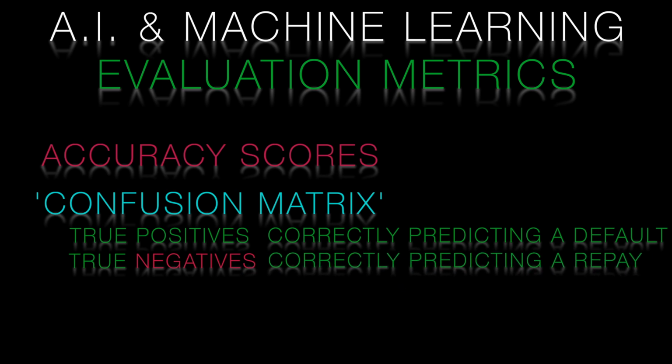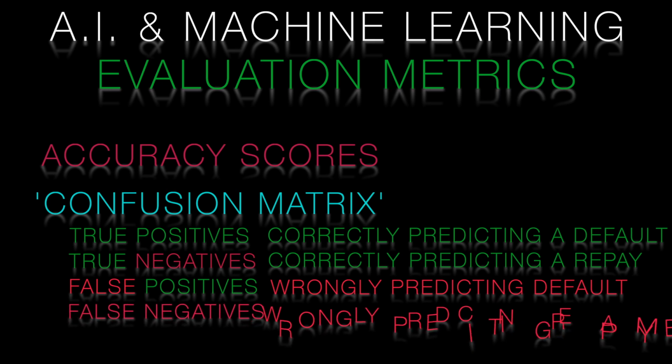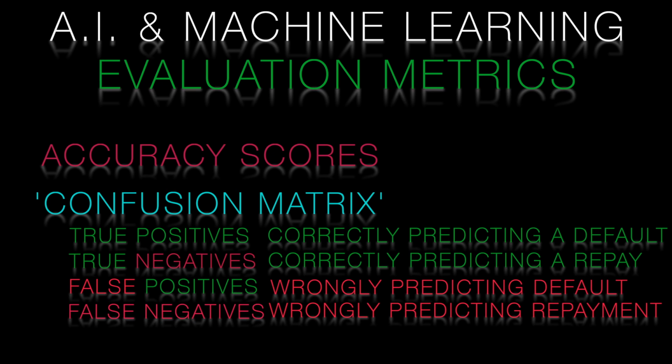But we will also score the misclassifications, false positives, where the AI incorrectly asserts that a particular borrower will default, as well as false negatives. Here a classifier predicts that a borrower will repay when in fact they default.